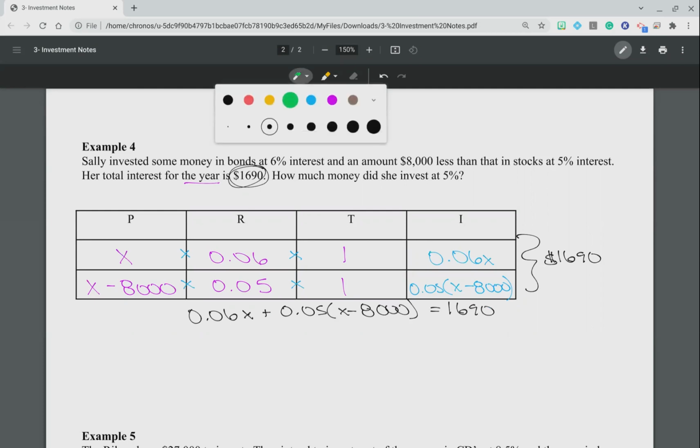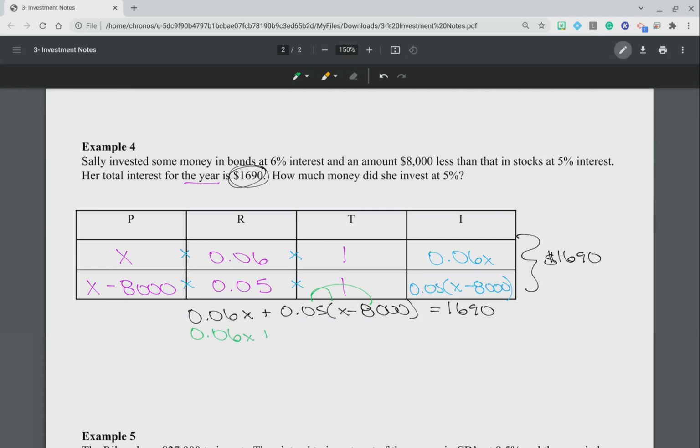All right, now we're going to do some algebra. The first thing I'm going to do is distribute the 0.05. So 0.05 times 8,000 is 400. And that's going to equal 1,690.